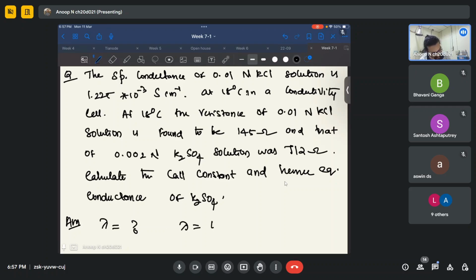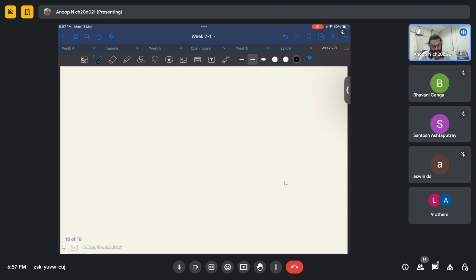Lambda is equal to 1000 L by C. So here we are given L for KCl, which is 1.225 into 10 raised to minus 3 Siemens centimeter raised to minus 1. Then another term given is the resistance of KCl solution in the conductivity cell, which is 145 ohm. So can we calculate the cell constant from this?